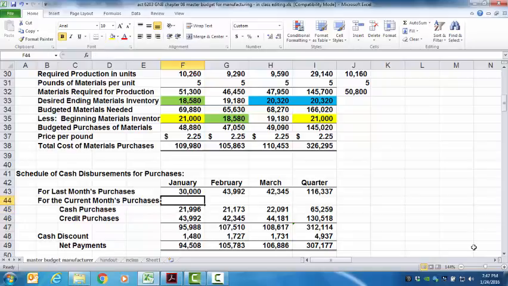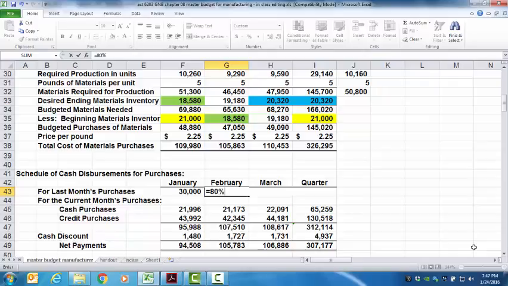Now the other 50% of that is going to come over here in February. So let's take the credit purchases from January and multiply that by 50%, just like we did over here. And then, of course, you can see that yields this.